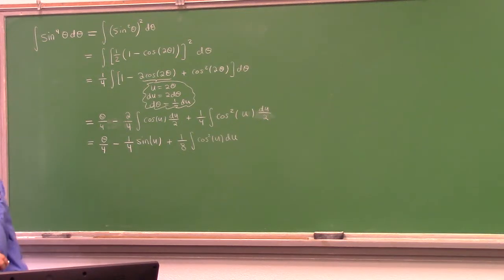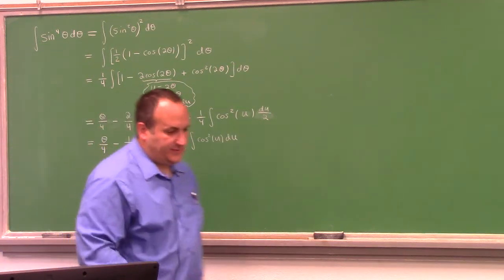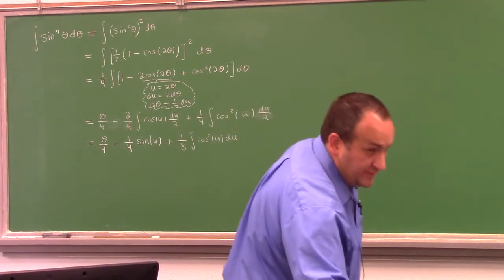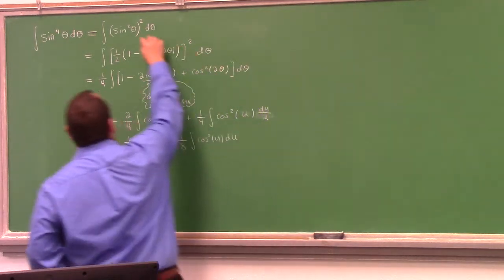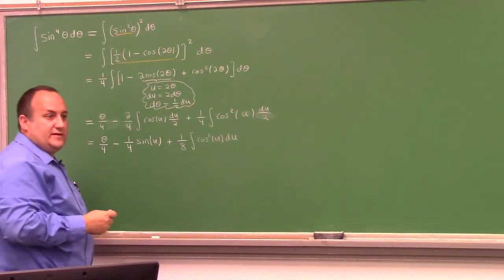Now, can you guys tell me the identity for how we integrate cosine squared, or what did we use there? At the start of this problem, I used the half angle formula for sine, right? I used that sine squared theta was equal to 1/2 of 1 minus cosine 2 theta, right?